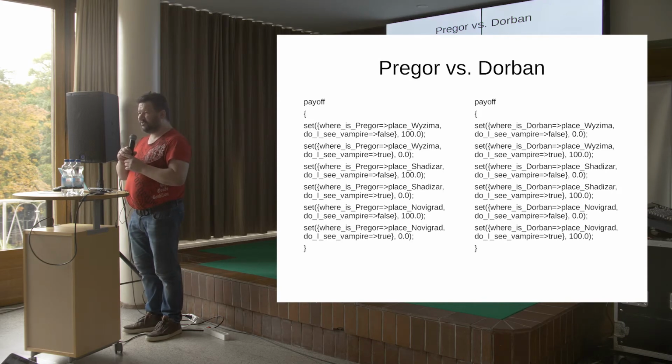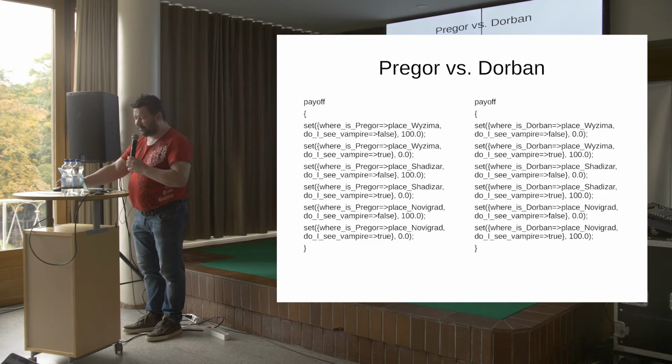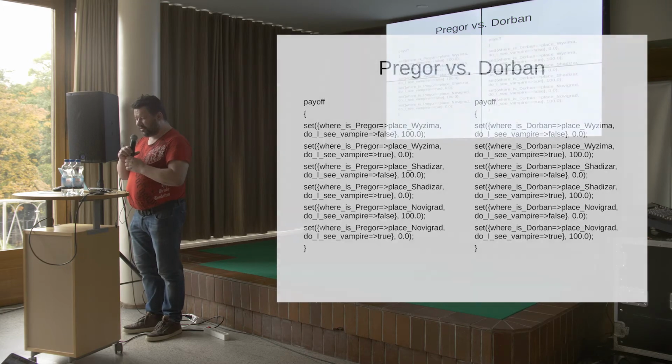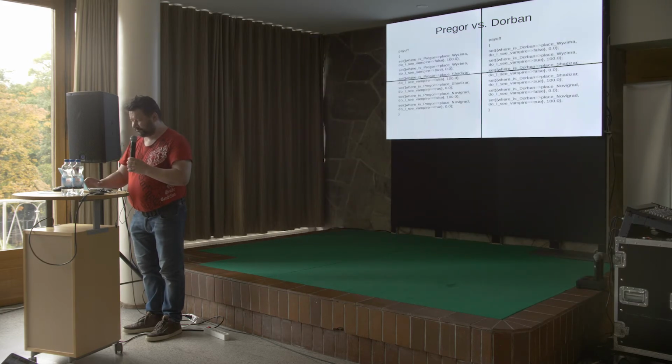Whenever you enter a town where the vampire is, and you can see him, then he will try to move to a different place in the hope of not seeing him anymore. While Dorban is exactly opposite. So he has 0 for not seeing the vampire and 100 for seeing him.